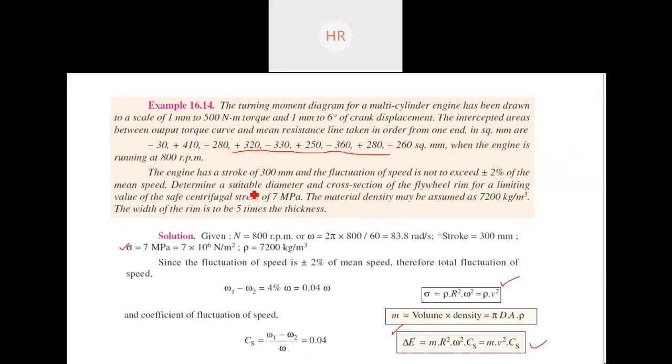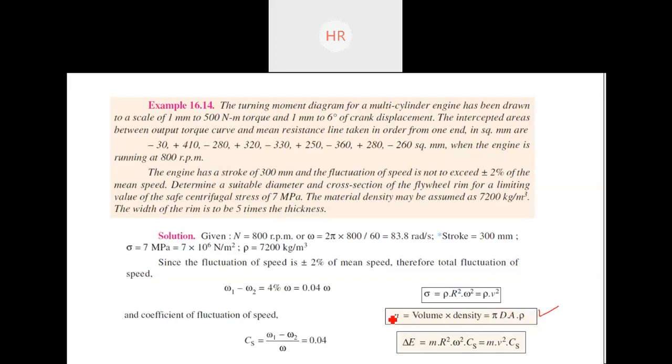You can see we are required to find diameter. Our next step is to find cross sectional area. So from where can I find the cross sectional area? Cross sectional area is present in the equation of mass only. So I have to use this equation.